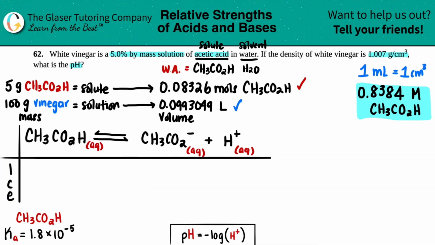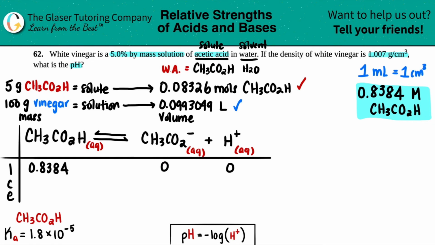All right, so I stands for initial. It's the initial molarity that we found of the acetic acid, and that's why we had to do all that work to find out that molarity. So my initial molarity is 0.8384. They did not say that I started off with any acetate ion or hydronium, so I have to assume that both of those are 0.